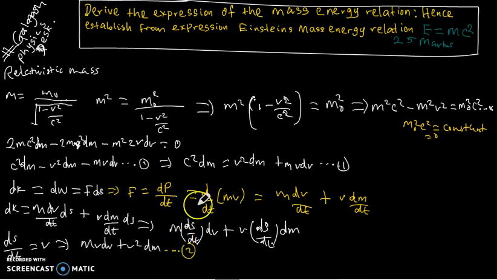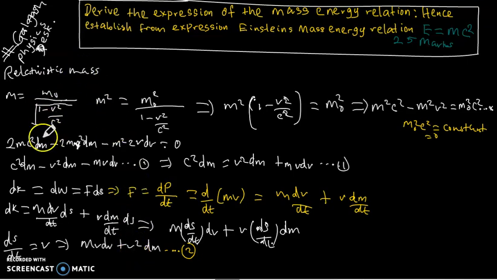Okay, so from equation 1, remember we had equation 1, and now equation 2. So from equation 1, the expression c squared dm is nothing but dk.